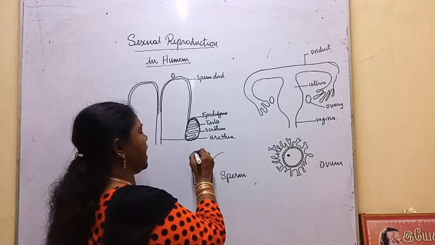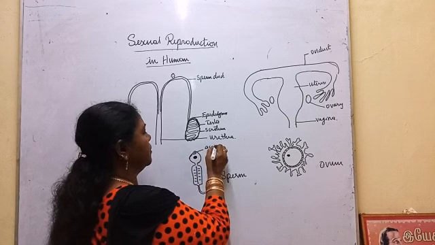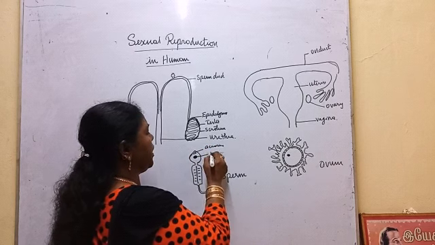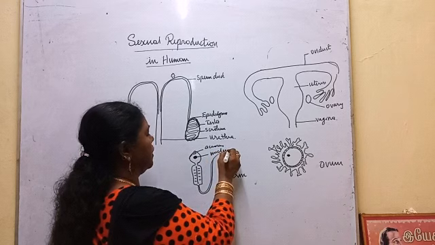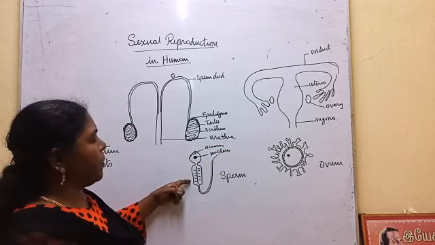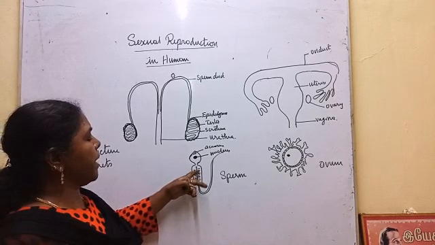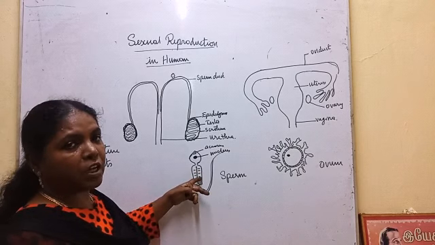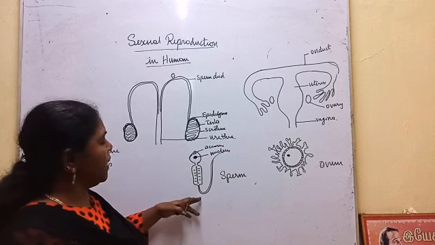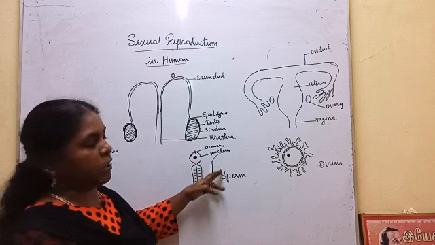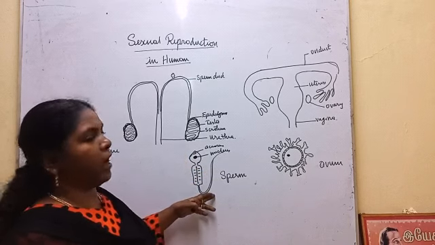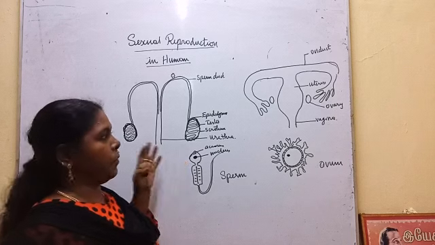The head has acrosome and a nucleus. It is connected with the middle piece. Middle piece contains mitochondria which gives energy for the sperm to move, and it has a tail for locomotion. So head, middle piece, tail are the three parts of the sperm.